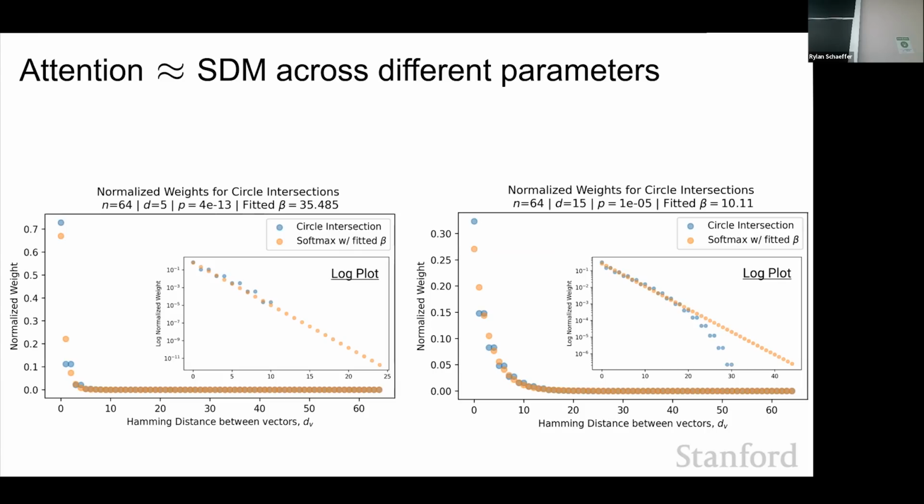And you can see, the main plot is the normalized weights, so just summed up and then divided, so this one's 1, and then I have log plots here. You can see that in non-log space, the curves agree quite nicely. For the larger Hamming distance in the log plot, you see this drop off where the circle intersection stops being exponential.